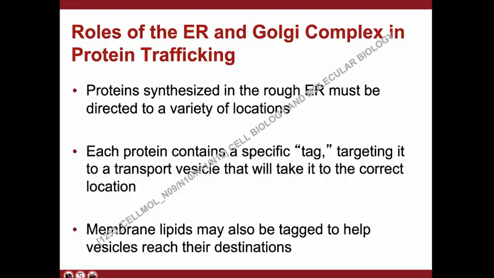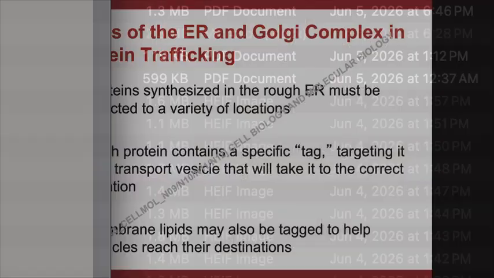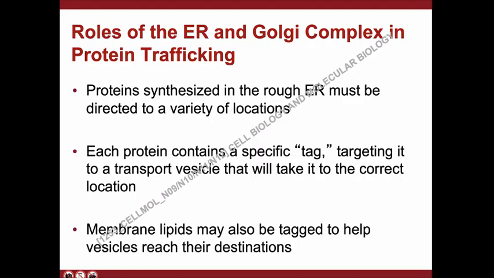Smooth doesn't synthesize protein, only the rough endoplasmic reticulum does. So those proteins that are synthesized in your rough endoplasmic reticulum are eventually going to be sent to different target locations, different intracellular locations that will include, for example, the ER itself, the Golgi apparatus, and also our affiliated organelles like the endosomes and the lysosomes.